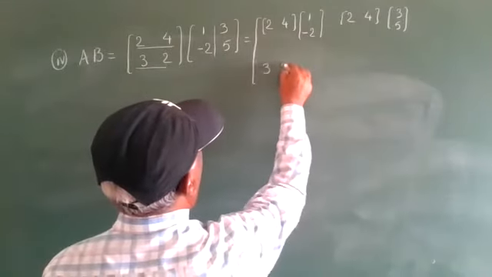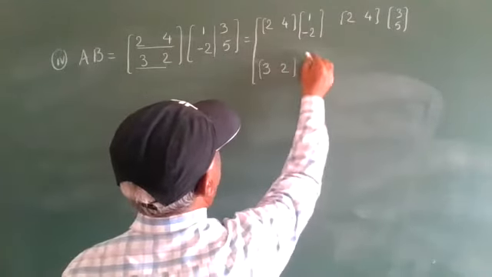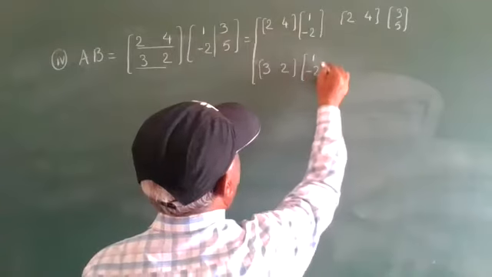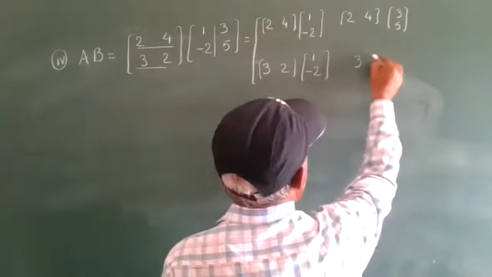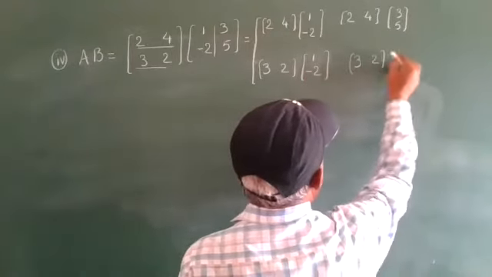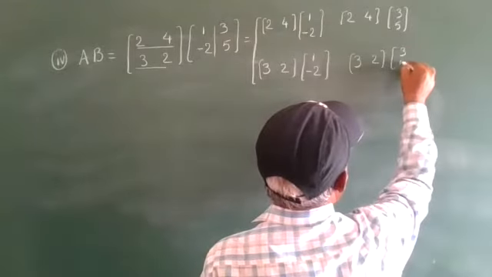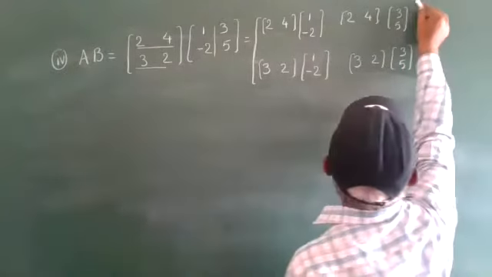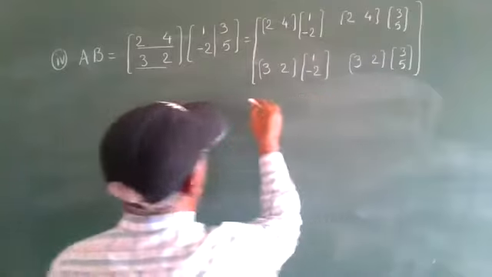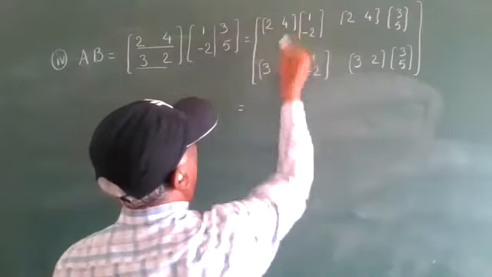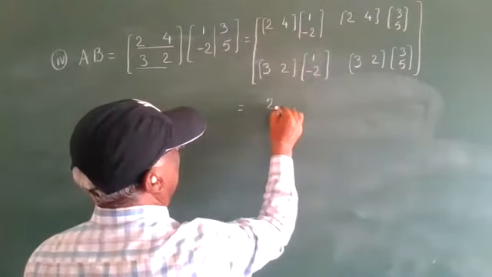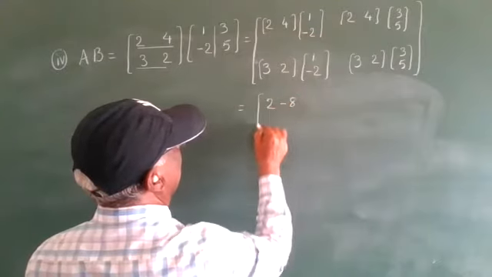It is 3, 2 multiplied with the first column. And the same row, 3, 2 multiplied with the second column, 3, 5. And write down the multiplication. So that is 2, 2 minus 8, 2 minus 8.